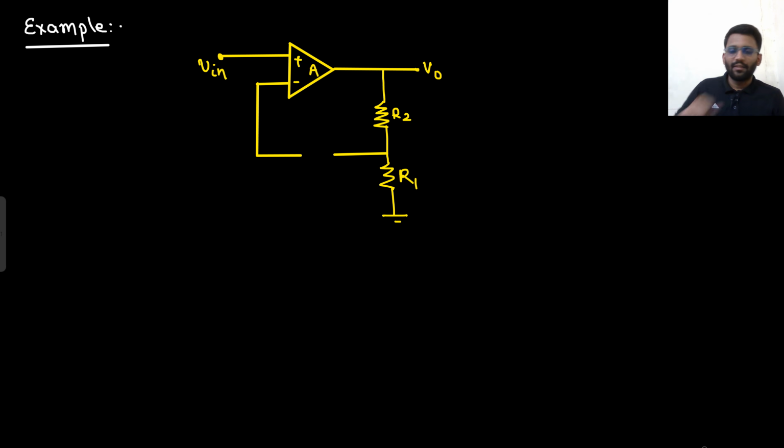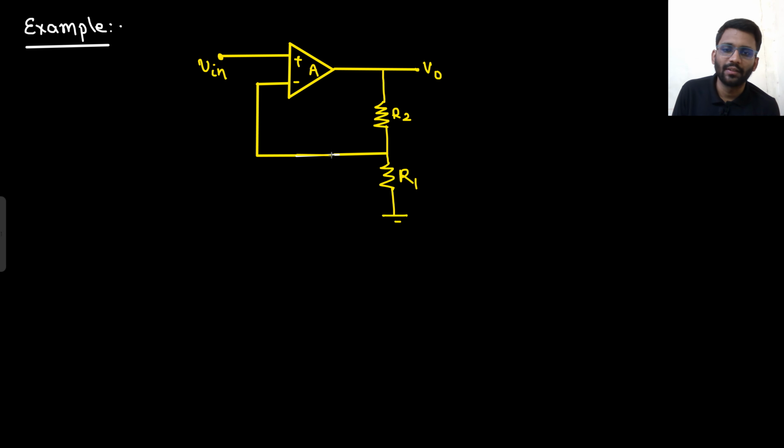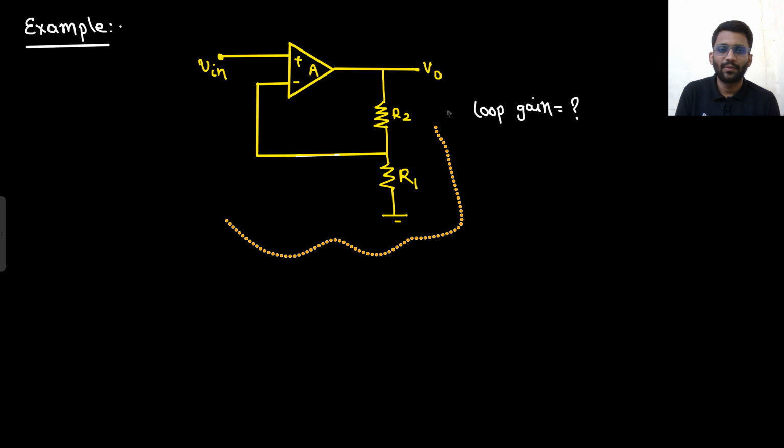Let's take an example. Here again you need to find the loop gain. This is the question given.